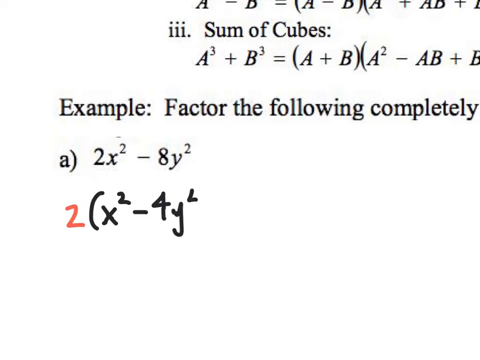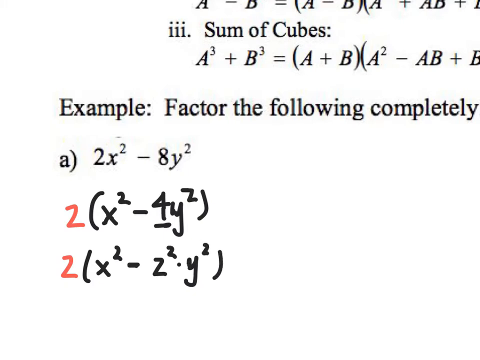At this point, you should notice that 4 is a perfect square. I can rewrite this as 2 squared. So let's do that. I've got this common thing that I factored out, the 2. In parenthesis, I've got x squared minus, and I'm going to rewrite 4 as 2 squared times y squared.